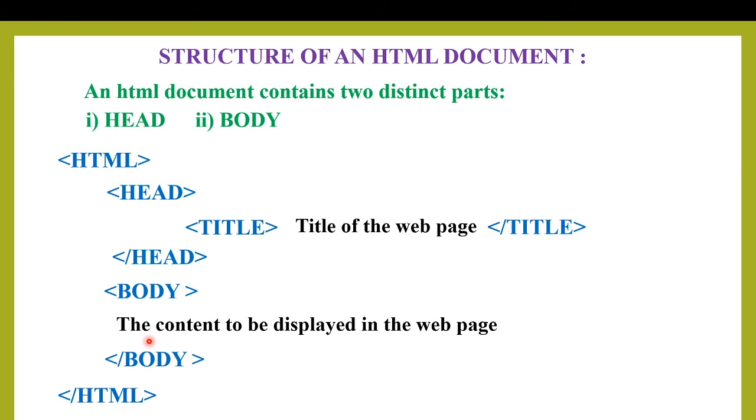Whatever content gets displayed in the web page should be written inside the opening and closing body tag. If you write any content after the closing body tag or before the opening body tag, it will not get displayed on the web page. So this is the basic structure of an HTML document.